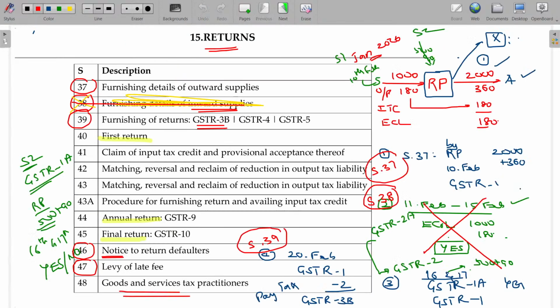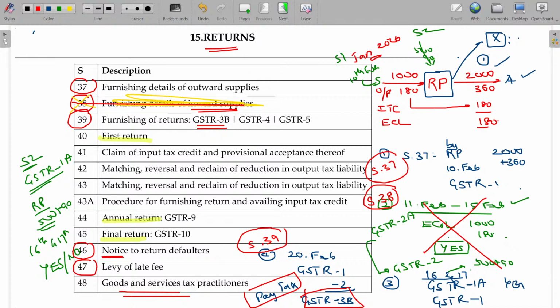I already told you that in the general case, month on month by the 20th you have to pay tax and file the GSTR 3B. Sir, I am a small taxpayer, so much complication. Every month, every 20th I have to file the return, it is very tough, sir. Okay, no problem.